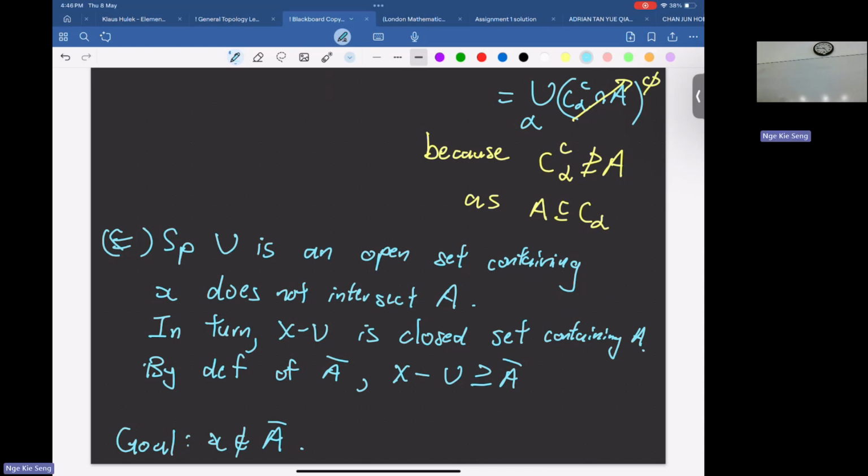Please try and draw it. So hence X is not in A bar. Okay, for the basis one, I leave it for you to prove.